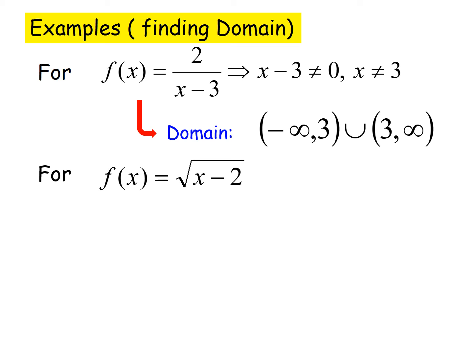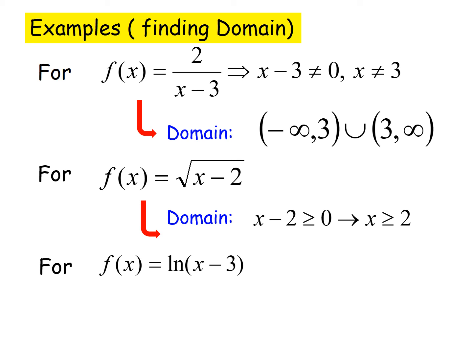For f(x) equals surd x minus 2, this is a surd function, so the expression inside the surd should be more than or equal to 0. So x minus 2 is more than or equal to 0, which implies x is more than or equal to 2. The domain is x more than or equal to 2, or in interval form, closed 2 to infinity.